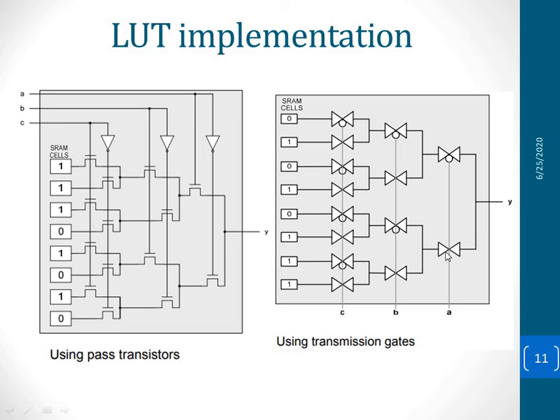So you can see this is not activated, these are activated, and for C also the inverted ones are activated. Since this one is not activated, it is open, so even though these connections are established, there is no use because this is already open.